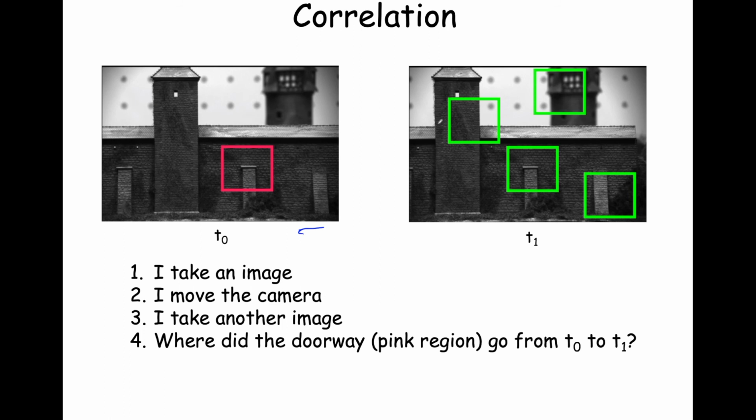Now, of course, there are a lot of candidates in the image you might search. Maybe it went over here. Maybe it went over there. Maybe it's over here, or maybe it's over there, maybe it's that one. And so you take your original region of image, and then you search within the second image time t1 to see which one of these most closely match or have the highest correlation with this pink scribed region.